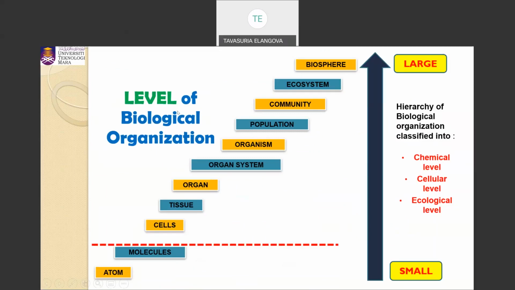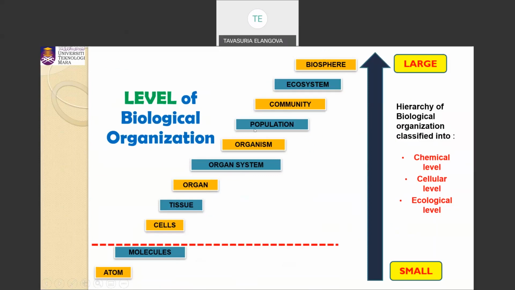The level of biological organization starts from atom until biosphere. Based on this hierarchy, atom is the smallest or microscopic scale, and the biosphere is the largest or most complex scale in the hierarchy.